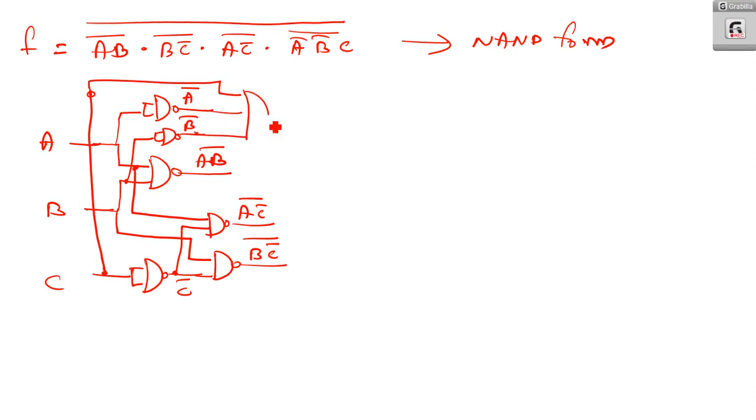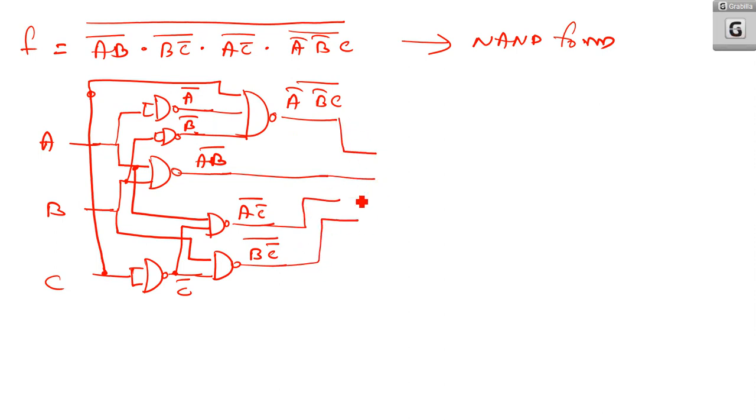So this is a 3 input NAND. So what we get is A bar, B bar, C, the whole bar. And then you NAND these four terms.